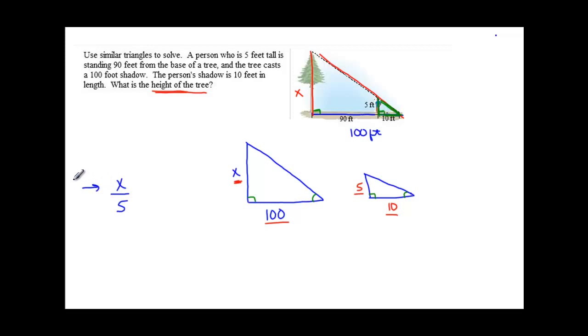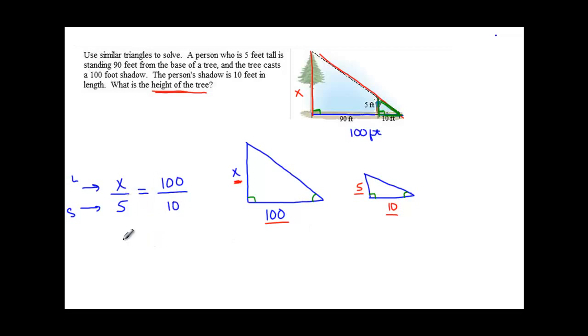So the way that I'm working it here, I've got the larger triangle's corresponding side on top, and then the smaller one in the denominator. That would equal the base on the larger triangle over the base on the smaller triangle. Those are corresponding sides as well.